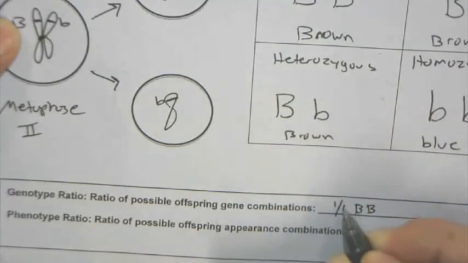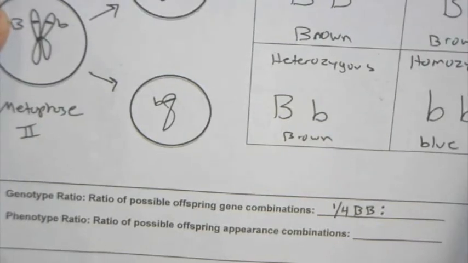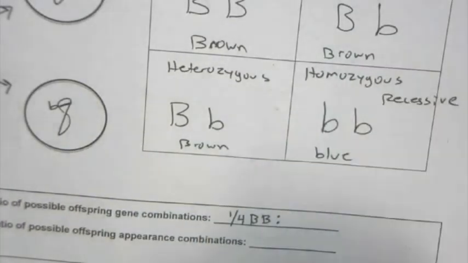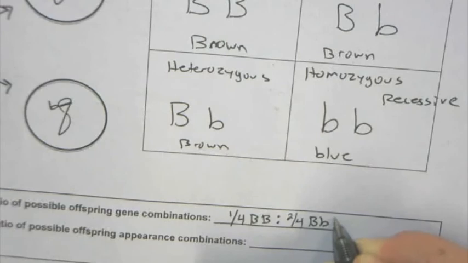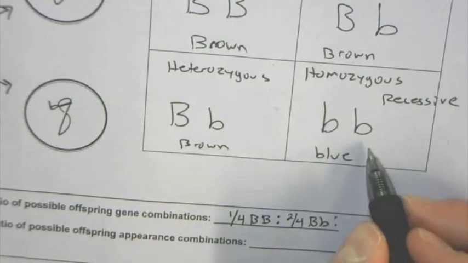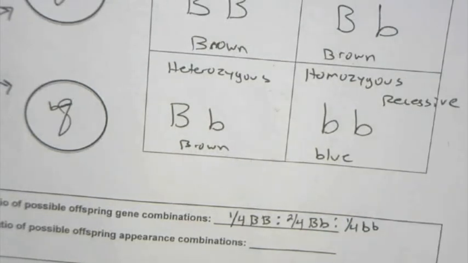So 1/4 capital B capital B. We're going to set this up as a ratio. And our second possibility is heterozygous, and we happen to have 2 of these, so we're going to have 2/4 or 1/2 heterozygous. And finally, we have 1 out of the 4 homozygous recessive, so 1/4 homozygous recessive.